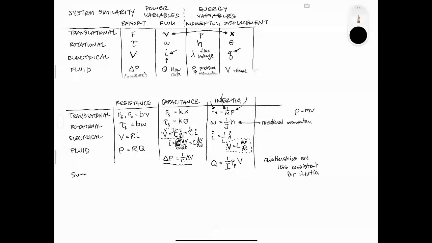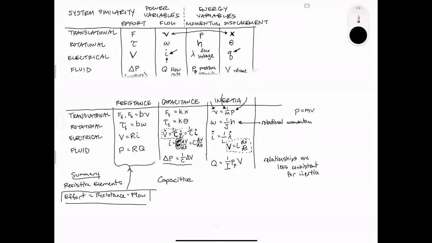So here's a little summary down here. For resistive elements, we get effort is going to equal some sort of resistance times flow. For capacitive, we have effort equals 1 over the capacitance times the displacement.